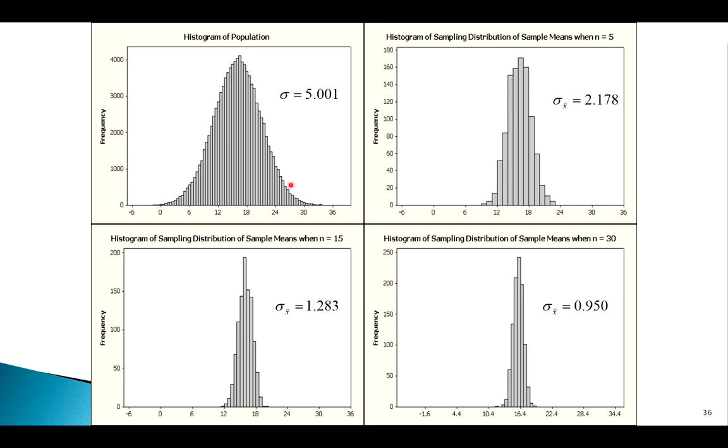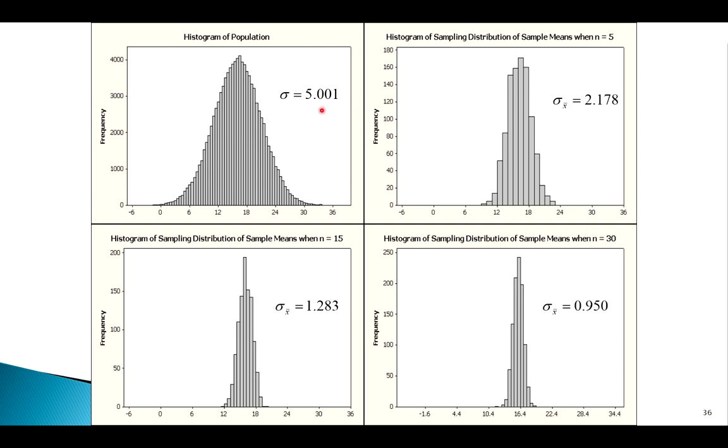So here's our population and the sampling distributions for sample sizes 5, 15, and 30. What's happening? Shape-wise, it looks about the same across the board. Center: 16, 16, 16, right about 16. So regardless of sample size, things look pretty accurate.